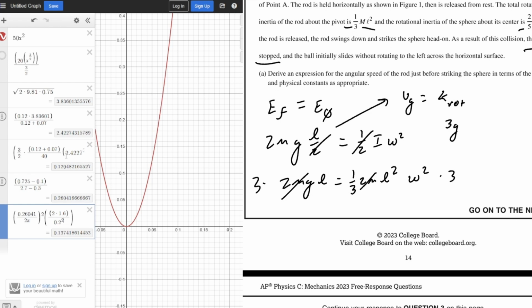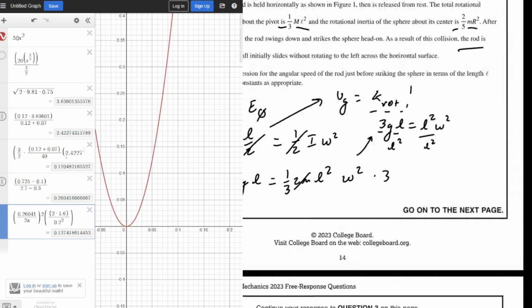So now I get 3gL is equal to L squared ω squared. I'm going to divide by L squared to get ω by itself. 3g divided by L equals ω squared, square root to get ω by itself. And our final answer is square root of 3g over L equals ω.